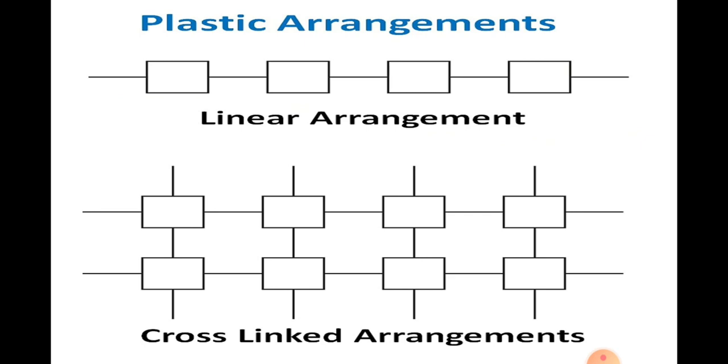This is the plastic arrangement of linear and cross-linked arrangement. The thermoplastic and the thermosetting plastic differ in structure. That means both the thermosetting plastic and thermoplastics are made up of long chain molecules, which are known as polymers.